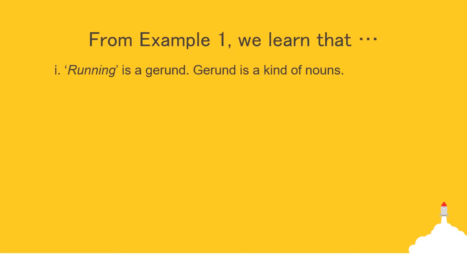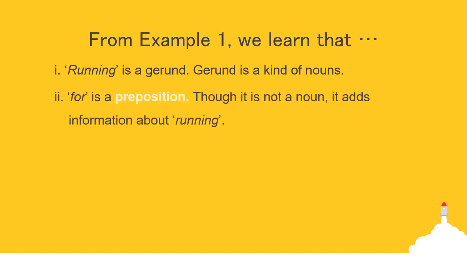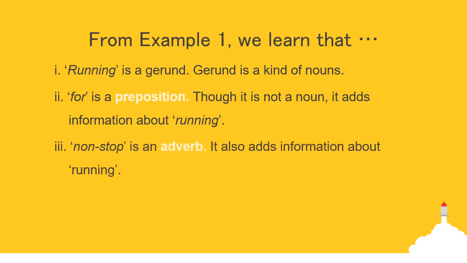So from this example, we learned that running is a gerund, and gerund is a kind of noun, so it is not a problem at all. And two, for is a preposition. Of course, it is not a noun, but it adds information about running. Non-stop, it is obviously an adverb.